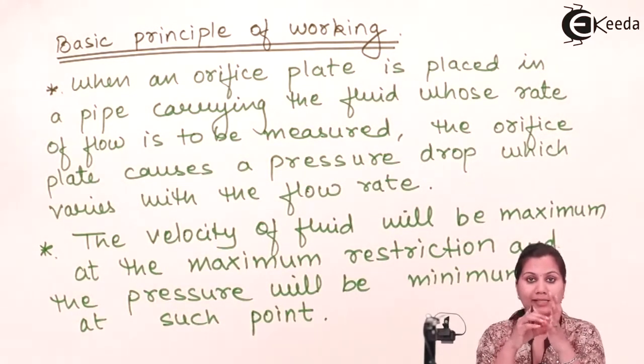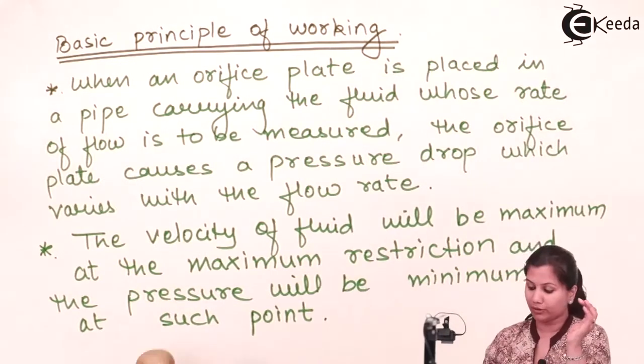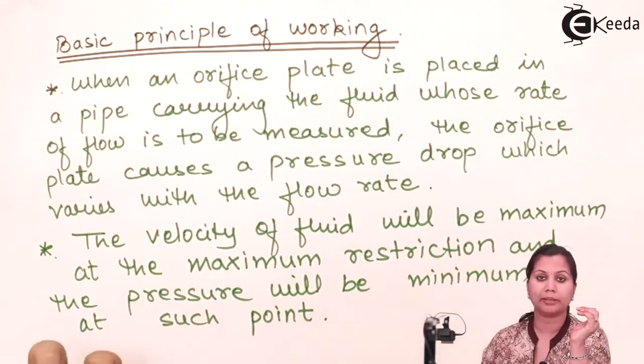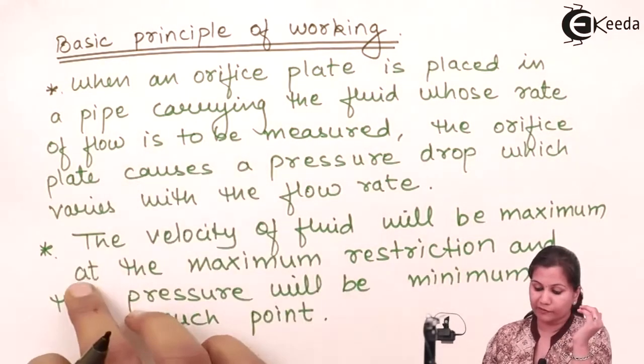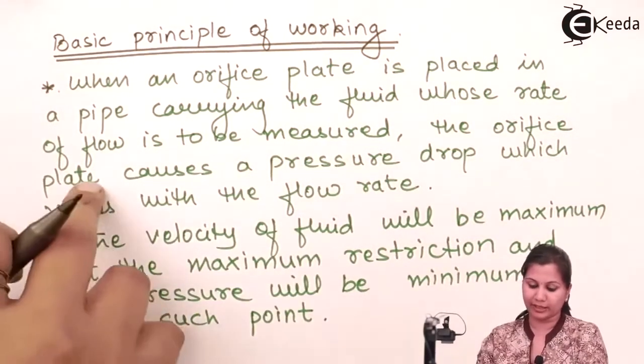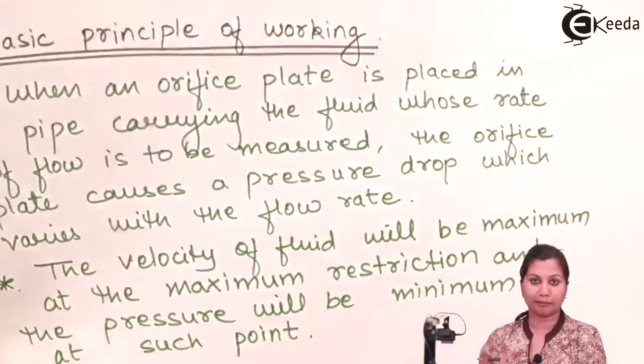At that maximum restriction point, velocity will be maximum, but pressure will be minimum. So due to this orifice plate, a pressure difference is created, and this difference in the pressure before and after the orifice plate can be measured with the help of a differential pressure sensor.